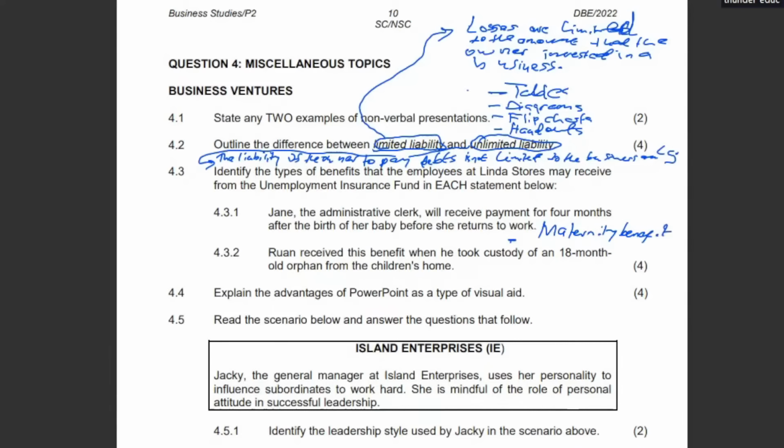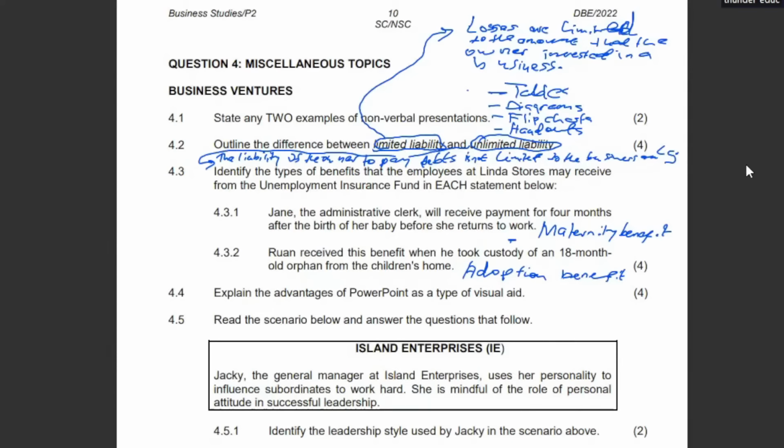The second one, Ron received this benefit when he took custody of an 18-month-old orphan from the children's home. That is adoption benefit. Okay, right. So now let's check question 4.4.